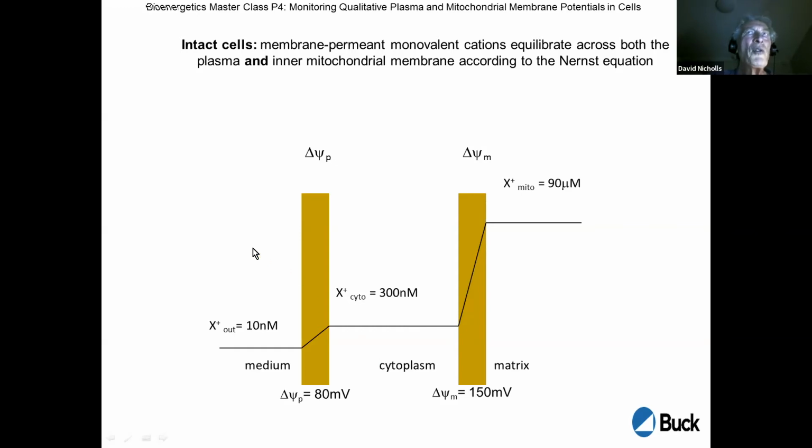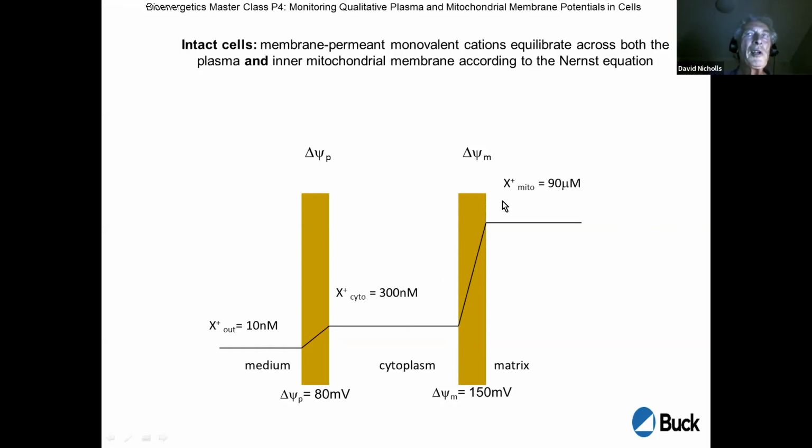It means from the Nernst equilibrium, if you could start with 10 nanomolar of something like TMRM outside, the 80 millivolts will give it a 30-fold accumulation to the cytoplasm. So it could be 300 nanomolar in the cytoplasm. The 150 millivolts across the mitochondrial membrane could shoot that up to 90 micromolar in the mitochondrial matrix.